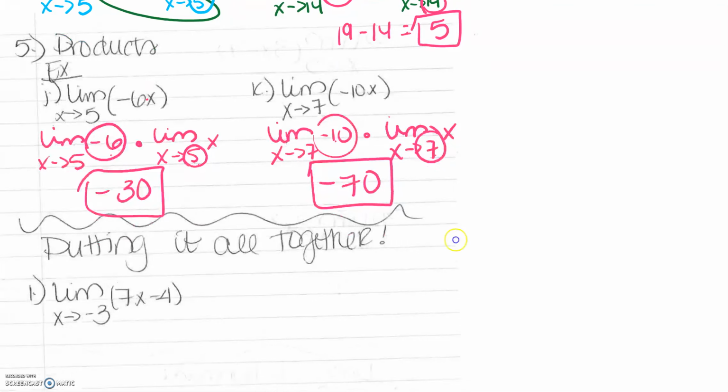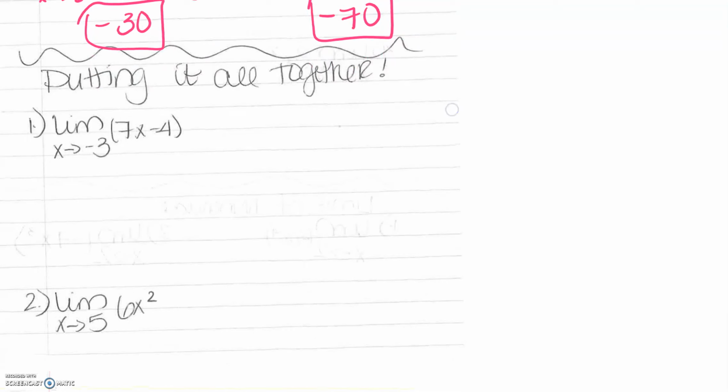Okay, I'm just going to keep going. Now, this is going to be a little bit different. We're going to put this all together here. In this problem, you have a difference, but if you look in the difference, you have a product. So we are going to rewrite this as the limit of 7x as x approaches -3 minus the limit of -4 as x approaches -3.